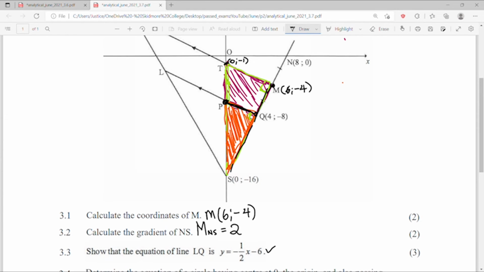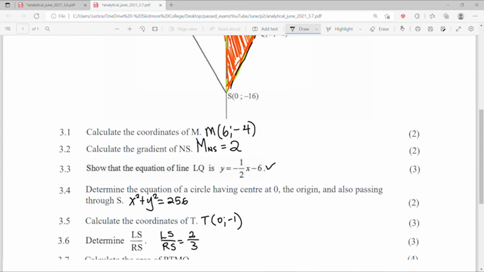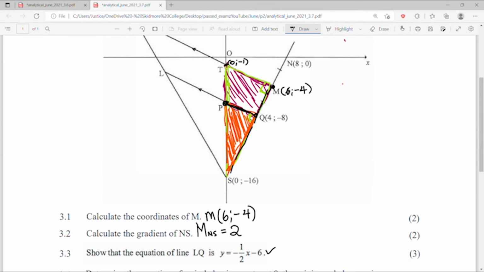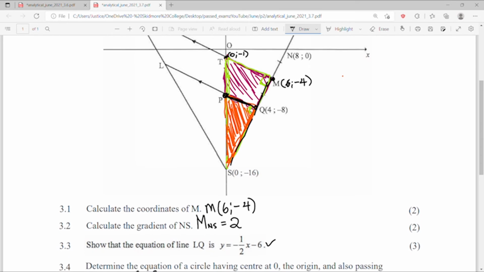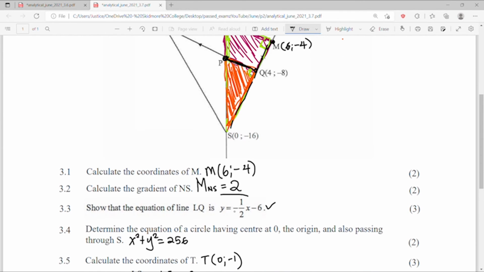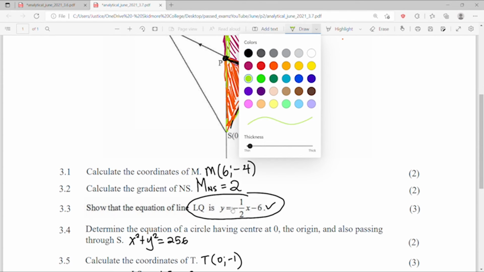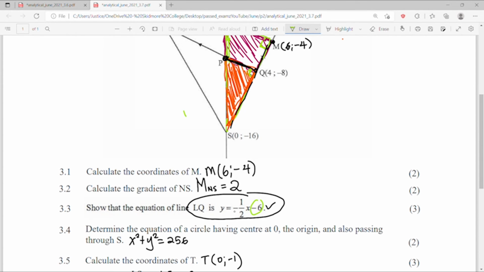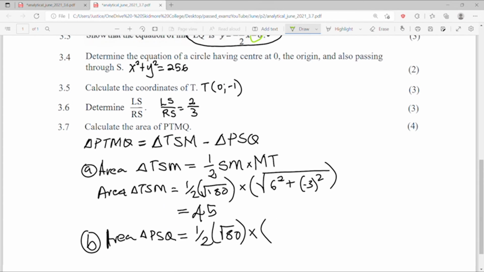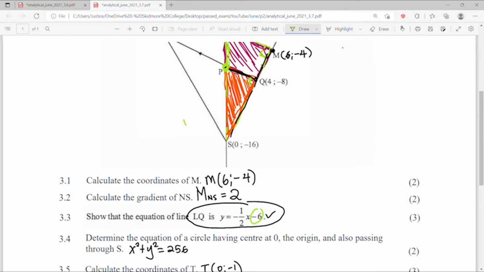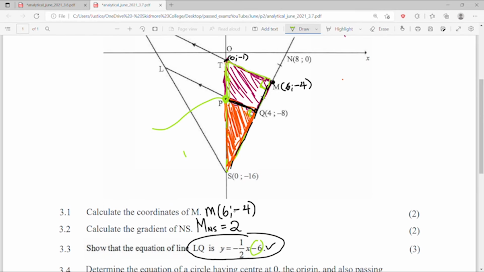To do that, we need to figure out what P is. But because we have this LQ equation right here, we know that the minus 6 there is the y-intercept, and that's where P is. So the point P is (0; minus 6), right?